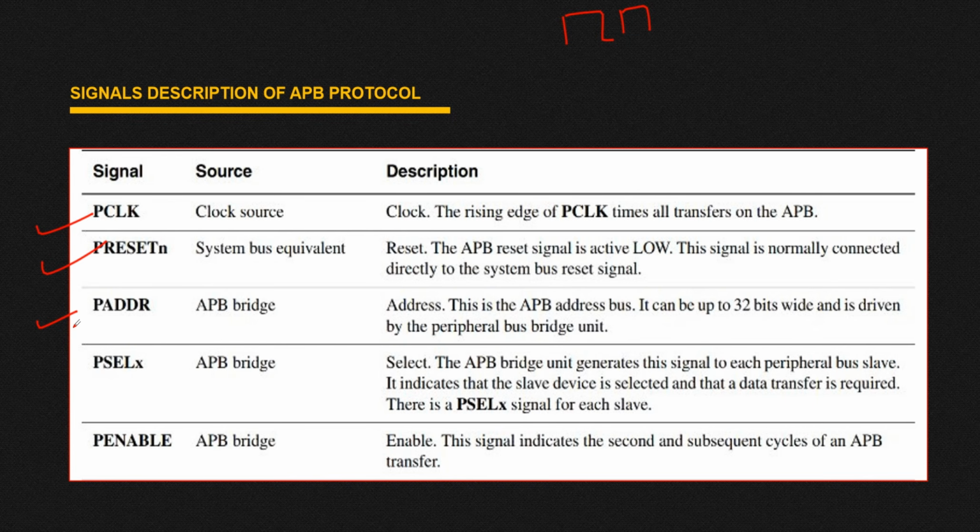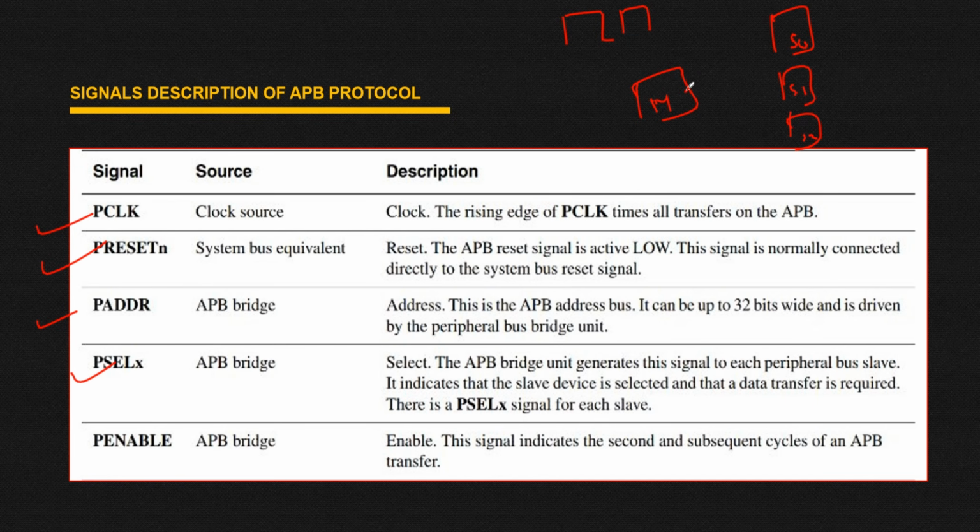Then we have the PSEL signal. Why are we using this PSEL signal? Suppose you have multiple slaves. At a time your master is only able to initiate or continue a transfer with only one slave. At that time the PSEL signal comes into the picture.